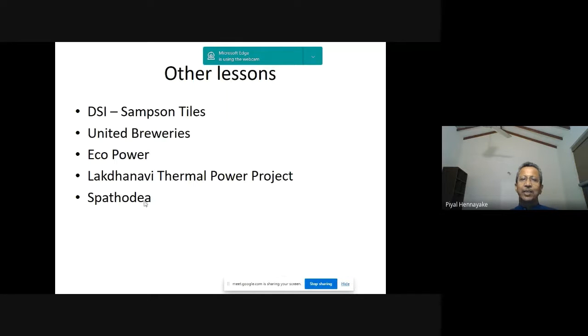There are some other projects like the DSI Samson Tiles. There, because of a relationship, though we didn't feel the project was viable, we gave the loan. And now I think that is a viable operation, but they went through difficult times. But because it's a group, they somehow manage the project.